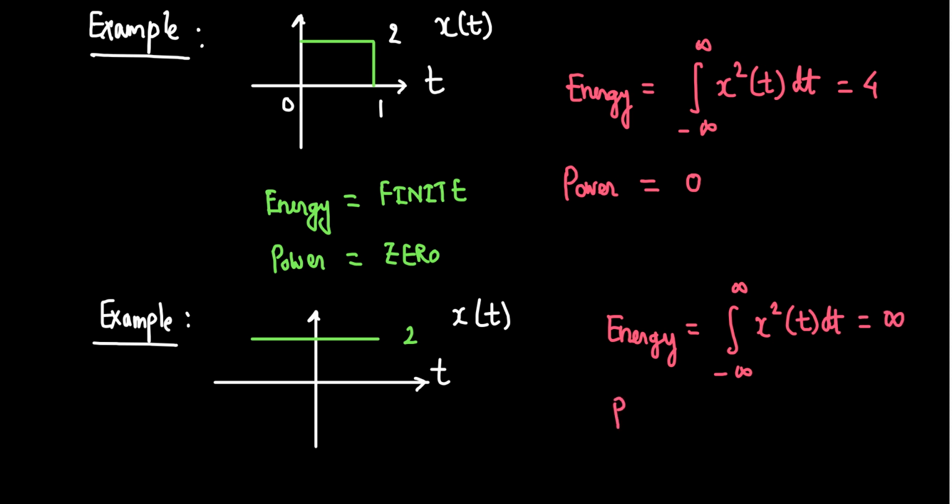Whereas the power, if we try to calculate the power, it turns out to be 4, because the power formula is limit t tends to infinity of the average integration, from minus t to t, or over a period of t, of x squared of t dt. This turns out to be 4.